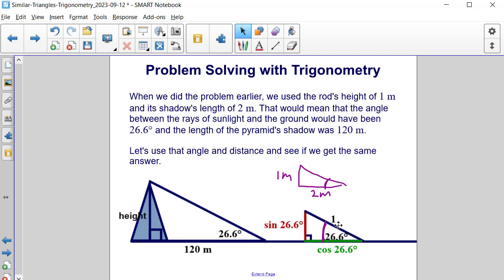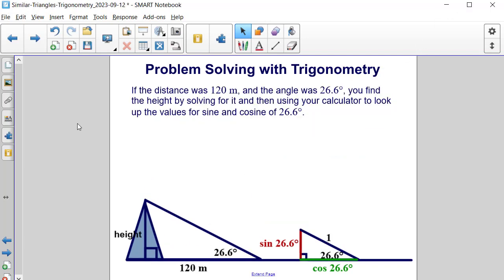But let's use this angle of 26.6 degrees, the shadow's length of 120 meters, and the sine and cosine ratios that we have in these similar triangles to see if we get the same answer for the height of the pyramid. If the distance was 120 meters and the angle was 26.6 degrees, you find the height by solving for it and then using your calculator to look up the values for sine and cosine of 26.6 degrees.